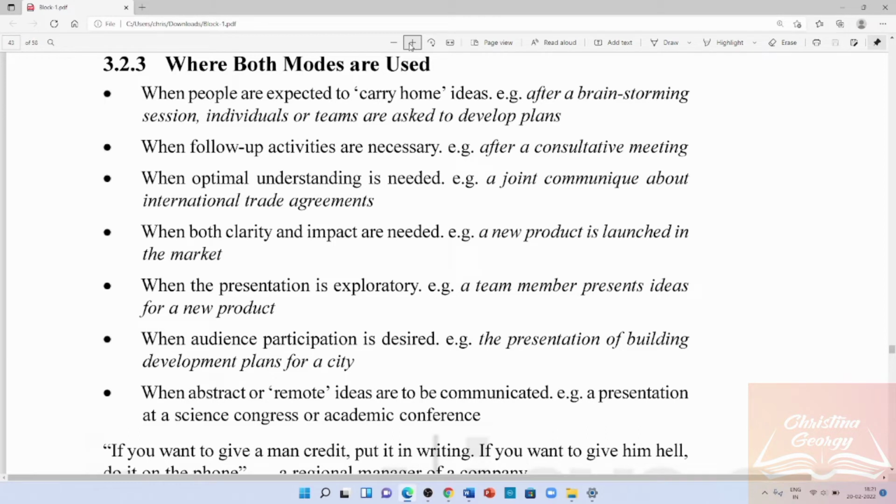Circumstances when optimal understanding is needed, for example, a joint communique about international trade agreements, or when the presentation is exploratory, or when audience participation is desired. So under all such circumstances, we make use of both oral and written communication.